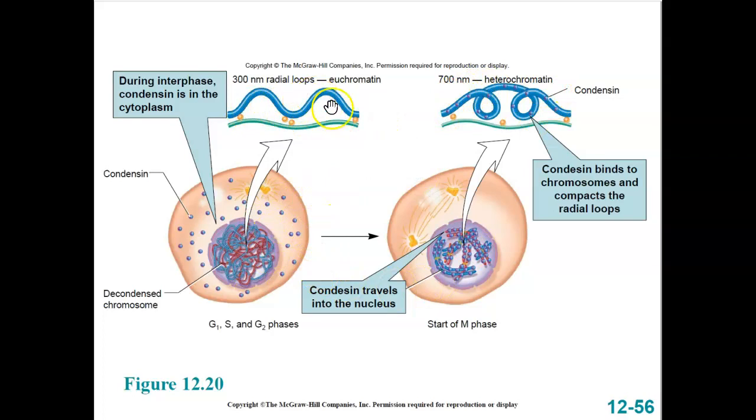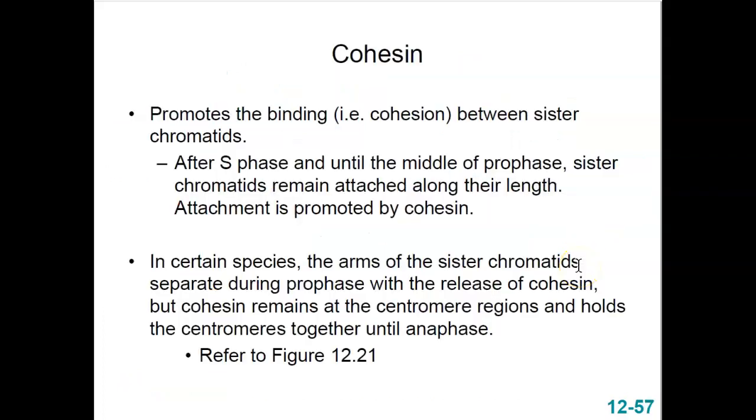So you have euchromatin occurring for transcription during normal, non-cell cycle activities during G1. But during S and G2, at the end of G1, condensin starts to enter the nucleus so that once the chromosomes are duplicated, heterochromatin is formed, and you end up with those loops.